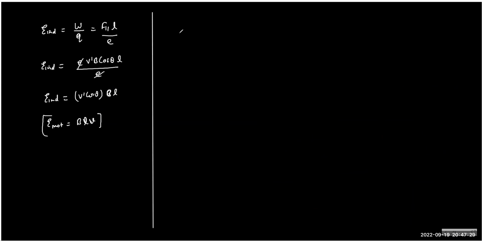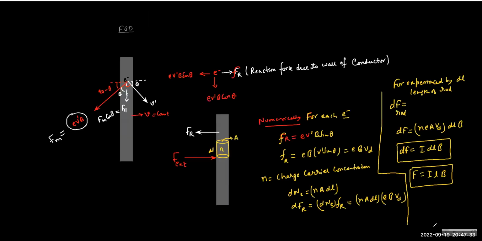Sir, in the FBD, didn't we take the electric field? No, you can see I haven't shown the electric field anywhere, right? Yes, sir. So it is only the magnetic field which is sufficient to explain, right? Yes, sir. But why haven't we taken that?